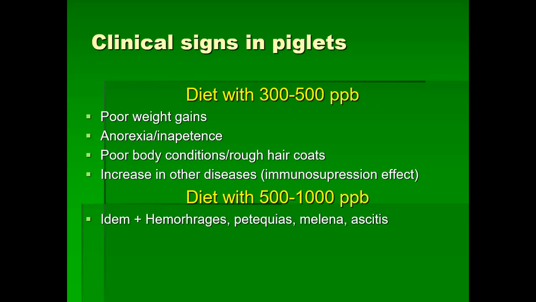If the concentration in the diet is more than 500 parts per billion, they will show the same signs as before, but on top of that, they will also have hemorrhages, petechiae, melena, fluid accumulation in the abdomen, ascites, and all of these signs are attributed to liver failure.